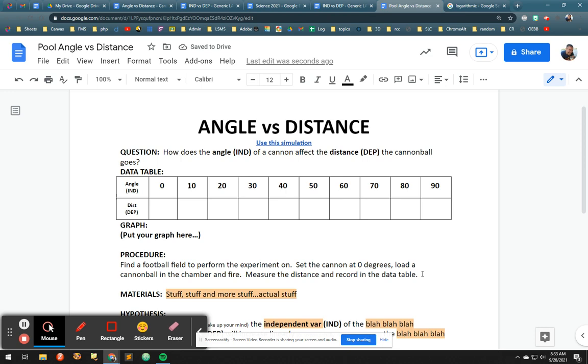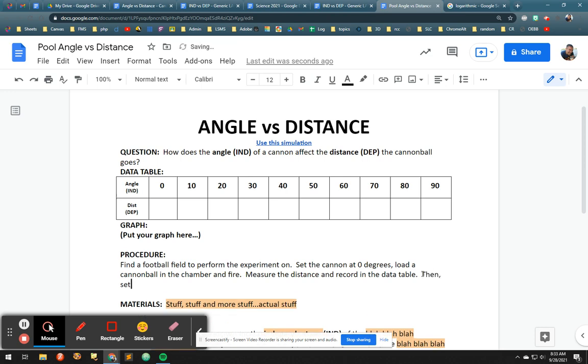Okay, so after you fire at 0 degrees, then set up the cannon at 10 degrees for the next angle setting. See data table, equals 10.